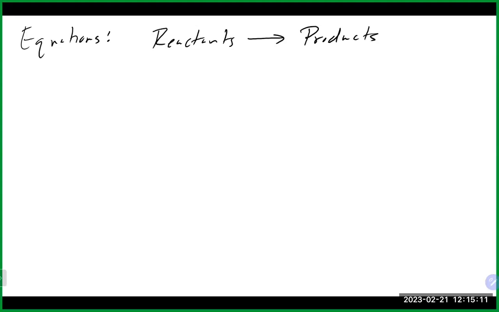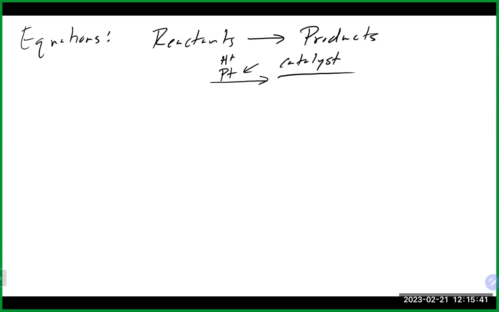On top of the arrow, sometimes things are written, which are referred to as a catalyst. A catalyst is not a reactant, it's not a product. It doesn't get used up in a chemical reaction. It is there just to facilitate the reaction, in most cases making it occur quicker. So a lot of times catalysts will be written on top of the arrow.